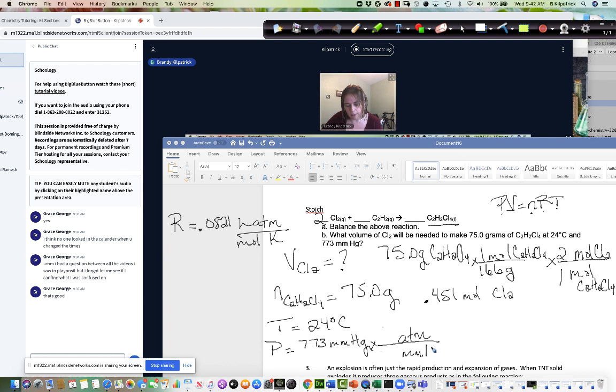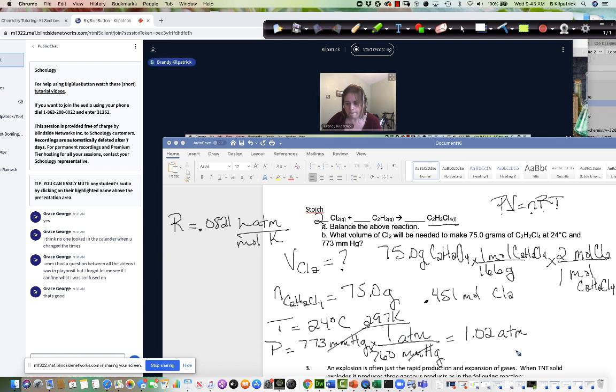Millimeters of mercury on the bottom because that's what we have. 1 atmosphere is equal to 760 millimeters of mercury. That's going to give me 1.02 atmospheres. Now this also has to be in Kelvin, so add 273 to that. So that's going to give me 297.